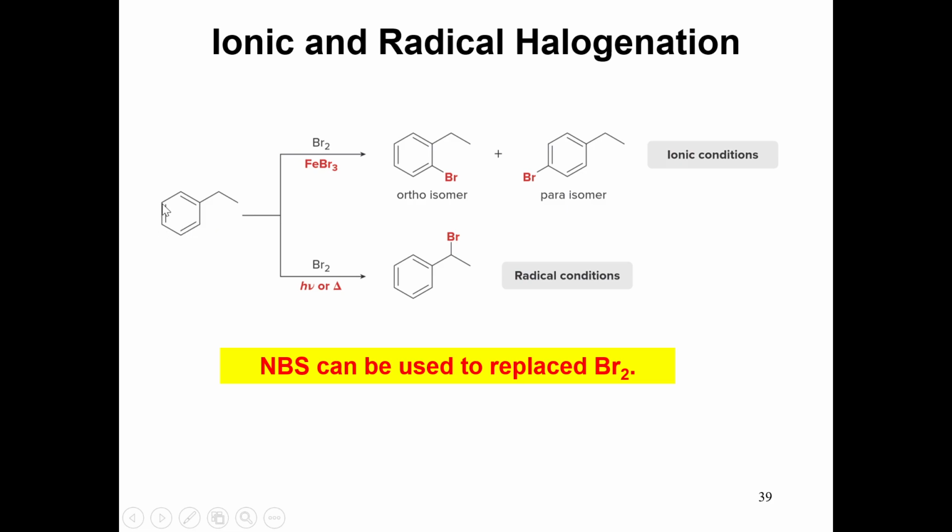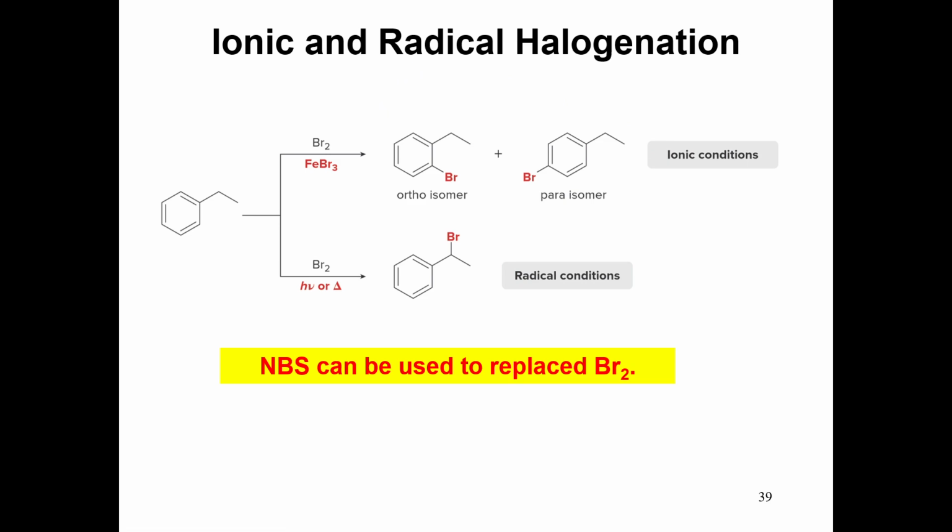So the reaction will never happen here, because this position is the meta position relative to this ethanol group here. Again, this is an electrophilic substitution reaction. The key point for electrophilic substitution reaction is how we generate an electrophile.